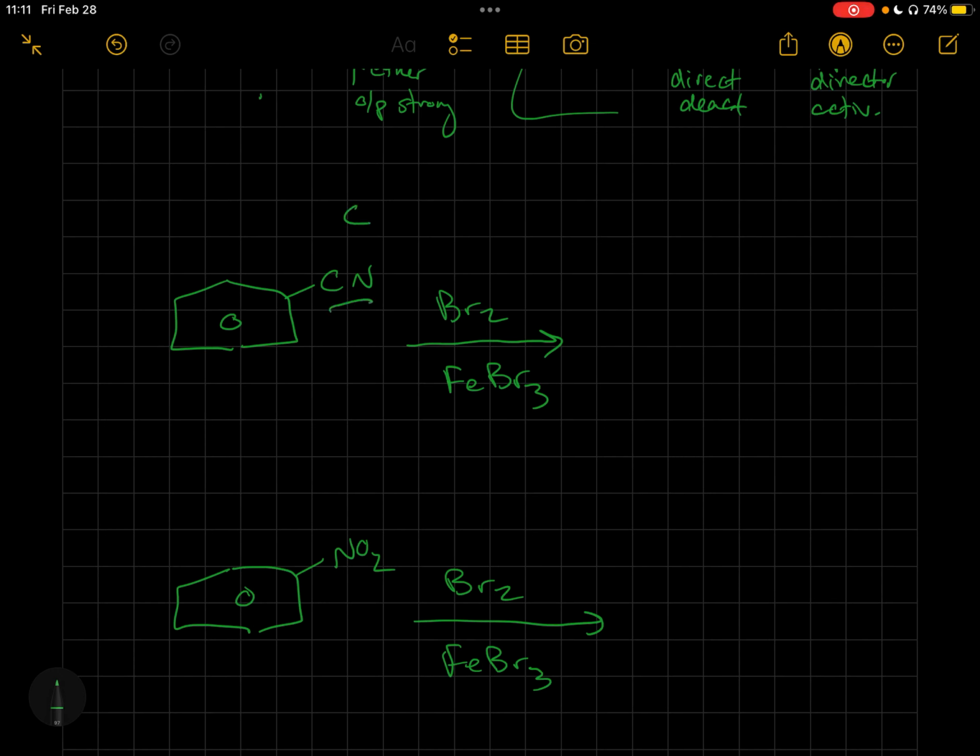Remember, CN is cyano, and so it's C triple bond N. And some of you that came to the Wednesday study session this week, we talked a little bit about upcoming chapters, and we have one called carboxylic acids and their derivatives.